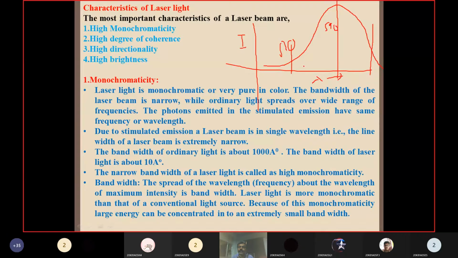So normal light spreads. That is monochromatic light only, normal monochromatic light, not laser light. It does not contain a single wavelength; it spreads over some wavelength width. That's why it's not exactly orange color.